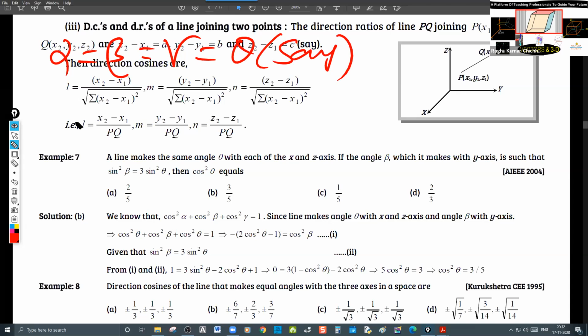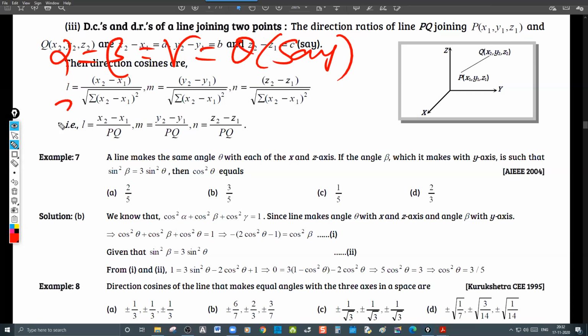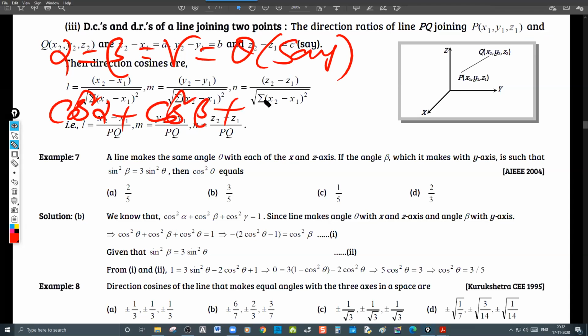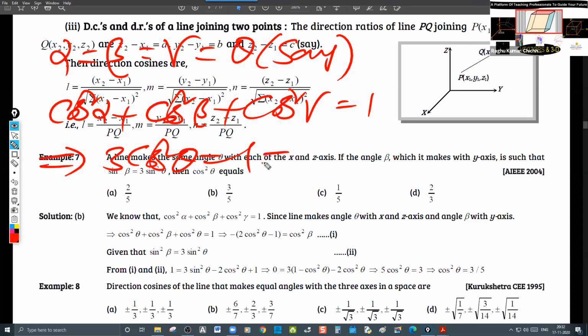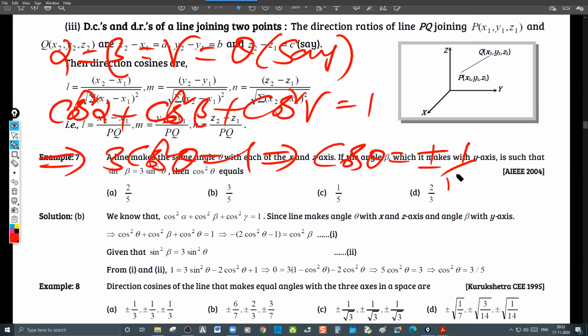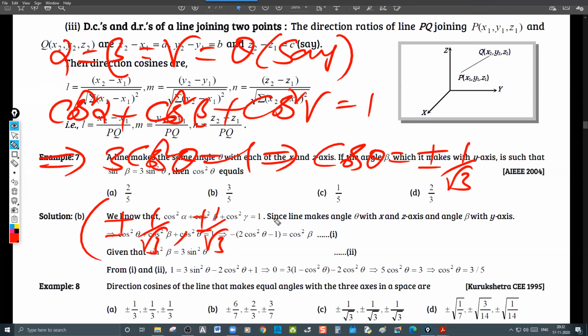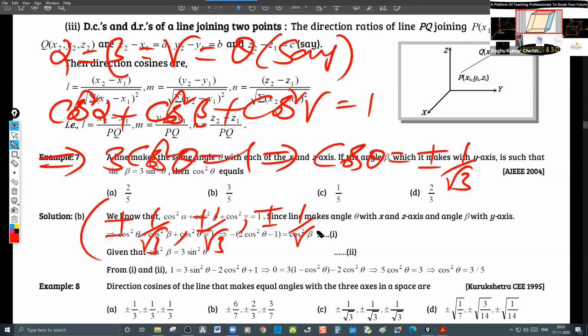Correct, no? Then what is the relation? Cos square alpha plus cos square beta plus cos square gamma. So plus or minus 1/√3, plus or minus 1/√3, plus or minus 1/√3. That's good. Just now I explained it. That's it.